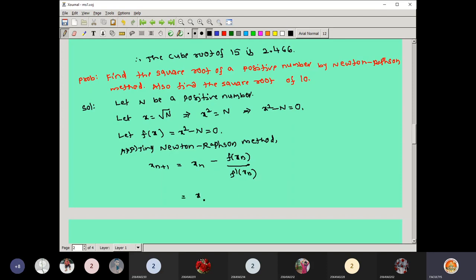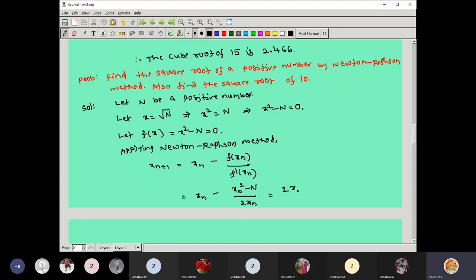Substituting, f of xn is your given function, so it is xn square minus capital N, divided by f dash, its derivative, 2x, so 2xn.